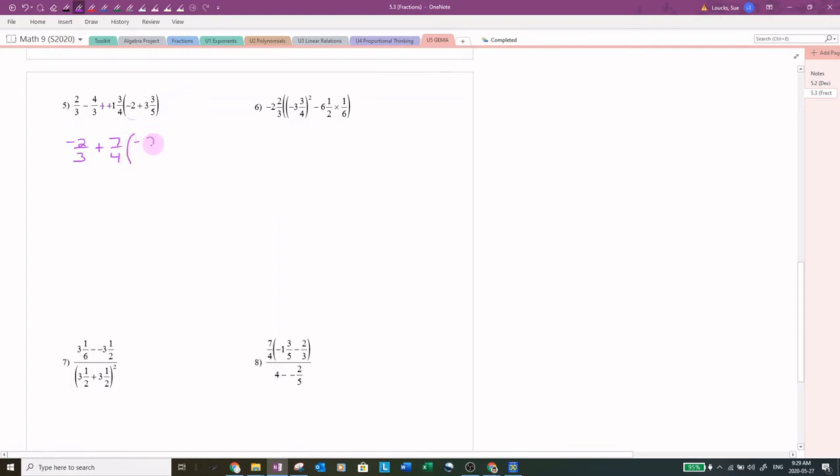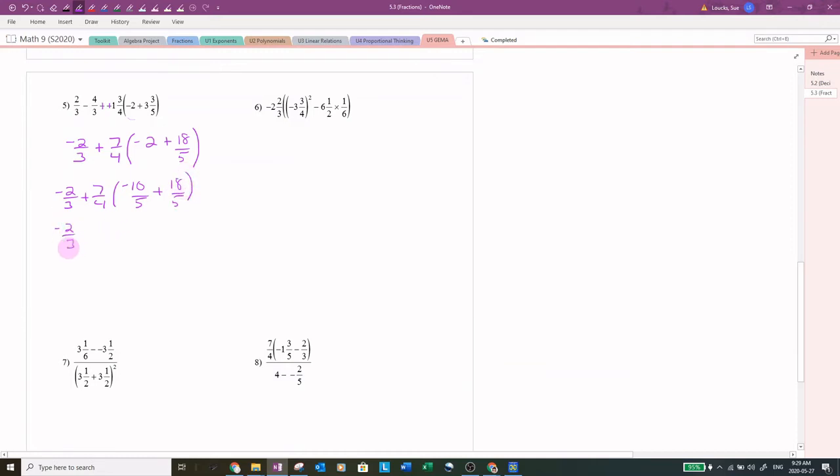times negative 2 plus 18 over 5. All right, and then I'm going to rewrite this as negative 3. Oh my goodness. Negative 2 over 3 plus 7 over 4 times negative 2 is the same as negative 10 over 5 plus 18 over 5.